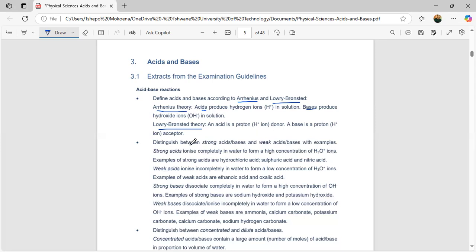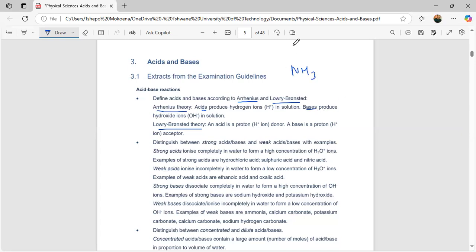The reason we now have these two people with their theory is that they realized how Arrhenius was explaining these terms. For example, there are many different types of bases. Let's talk about the base. The most common base we know is NH3, ammonia.